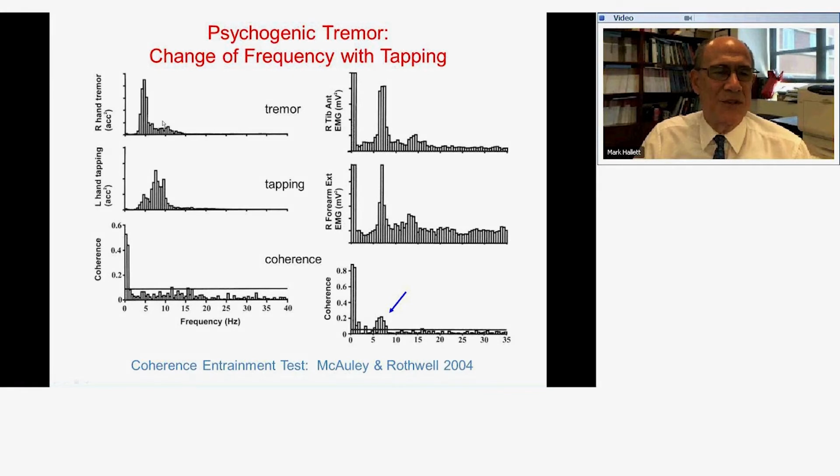The tapping frequency doesn't entrain the actual tremor. In a patient with a psychogenic problem, here you have the tremor, which is entrained to the tapping frequency. So they turn out to be exactly the same in frequency and actually coherent in phase, so that you can measure the coherence as well as see that the frequencies are exactly the same.